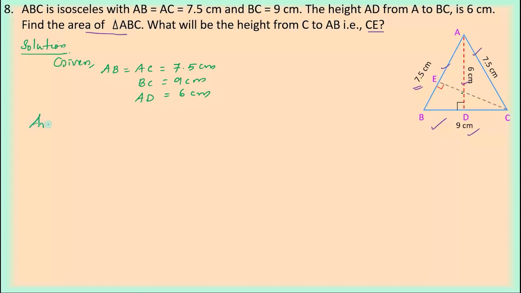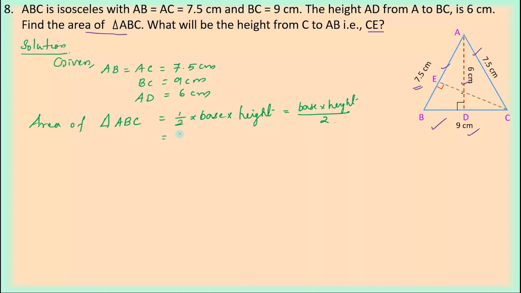Now, area of triangle ABC equal to, we know the formula, that is half into base into height. It can be written like this also, base into height divided by 2.